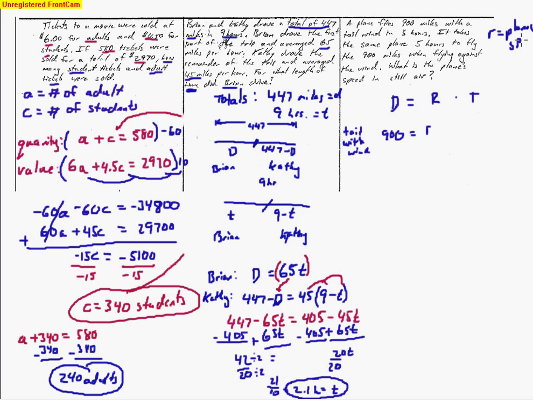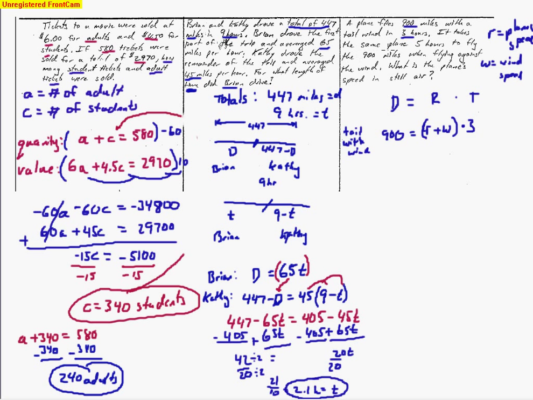And W equals the wind speed. Since it's going with the wind, R plus W is what we've got. Put that in parentheses because that's an expression, times the time. Well, it took 3 hours to go. So those are the two numbers we were given there.